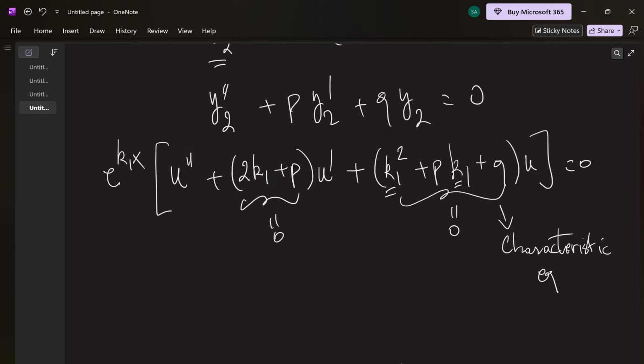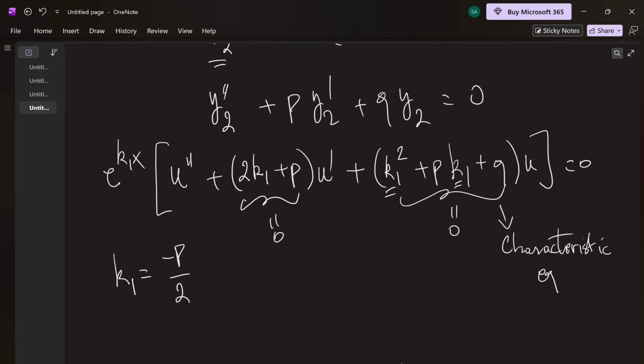So this is the characteristic equation, and we know that k1 is a solution to the characteristic equation, so this should be equal to 0. And also, because k1 is equal to minus p over 2.